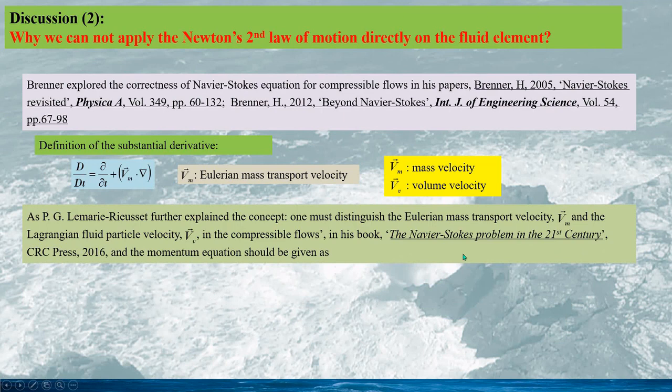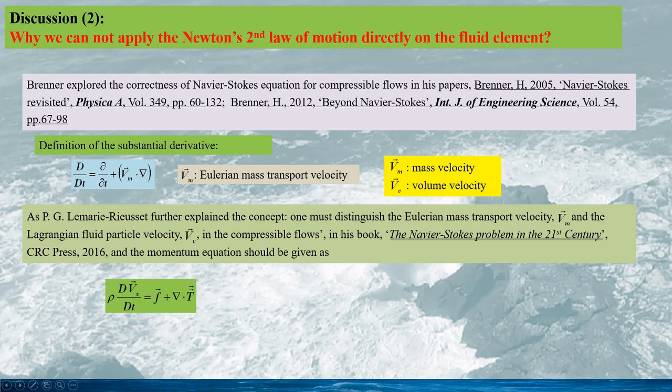According to the book The Navier-Stokes Problem in the 21st Century, P.G. Lemarié said that to explain the concept, one must distinguish the Euler mass transportation velocity Vm and the Lagrange fluid particle velocity vector Vv in the compressible flow. In this definition, the moment equation should be given as this.